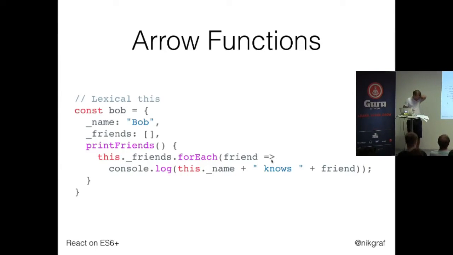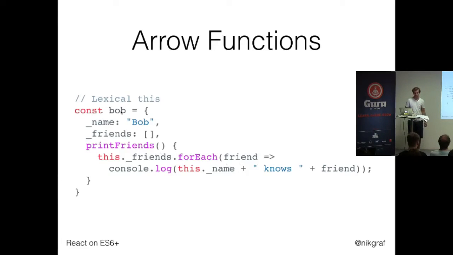As you know, whenever you created a function before, every function gets its own this, or yeah, I don't even know, to be honest. It's a mess with this in JavaScript. But if you use an arrow function, the this is always coming not from the object it is called from, but the object it was defined in.